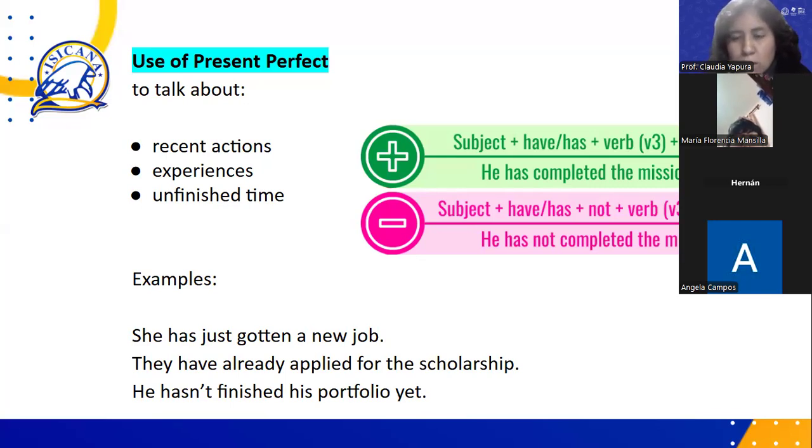For example, she has completed 2 online courses, but she doesn't mention if it was this year, last year, or 2 months ago. So in this case, we use the present perfect. For example, she has just gotten a new job. They have already applied for the scholarship, and she hasn't finished his portfolio yet.